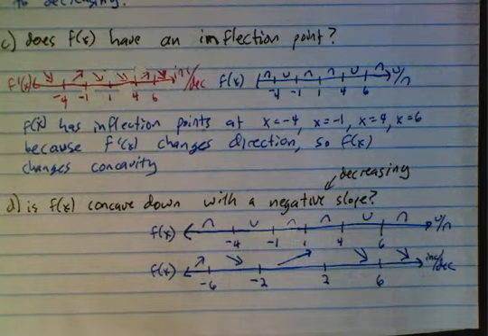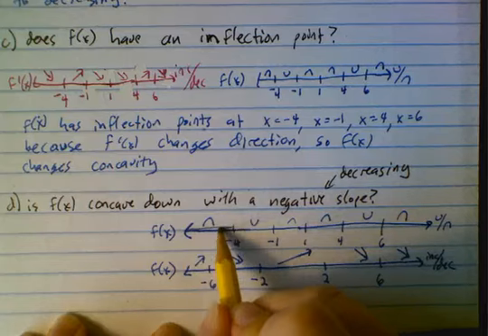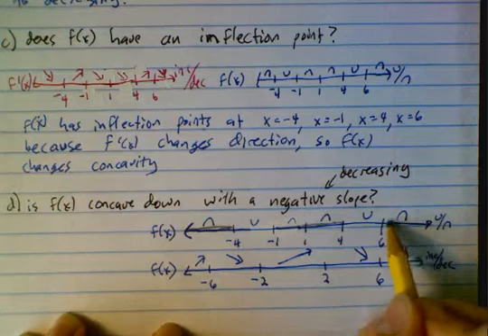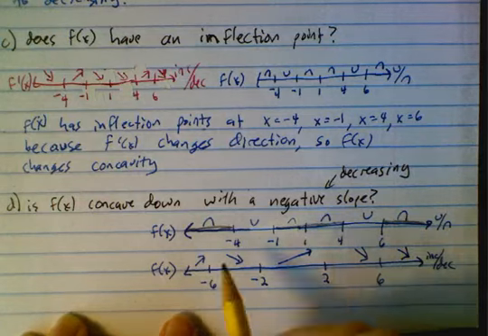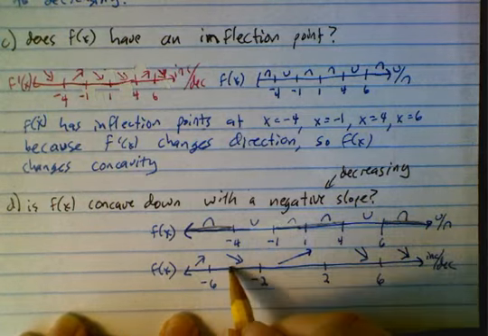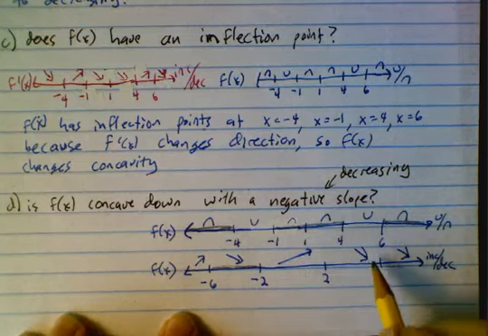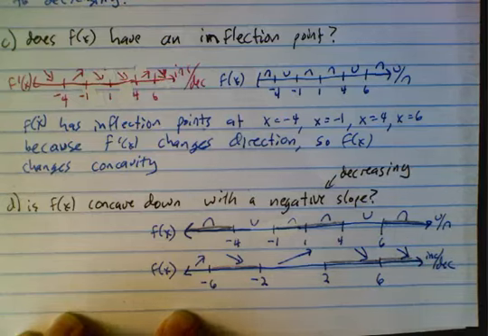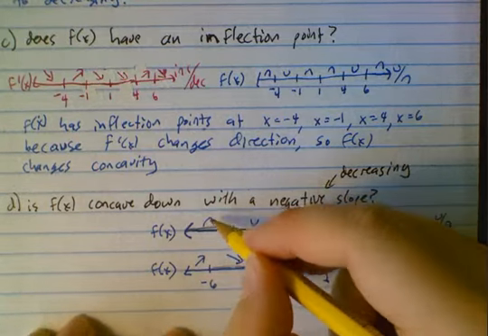So now we're looking for concave down, with a negative slope, so decreasing. Now we're looking for where these overlap.